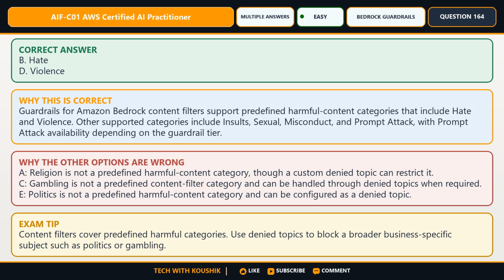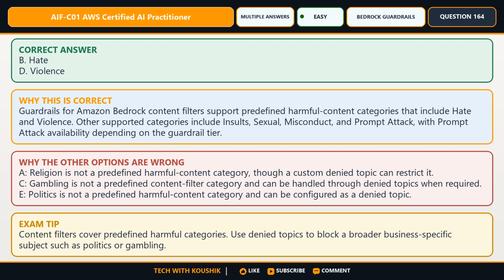Guardrails for Amazon Bedrock content filters support predefined harmful content categories that include hate and violence. Other supported categories include insults, sexual, misconduct, and prompt attack, with prompt attack availability depending on the guardrail tier. The incorrect choices are plausible, but unsuitable because A. Religion is not a predefined harmful content category, though a custom denied topic can restrict it.